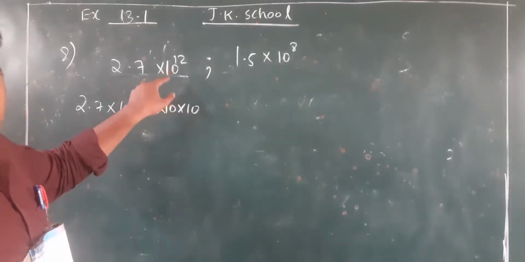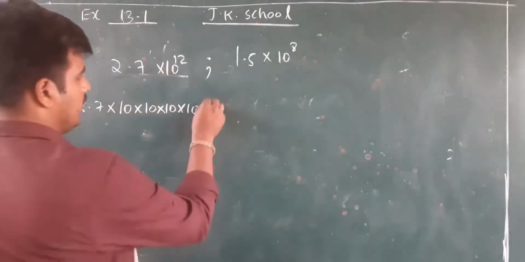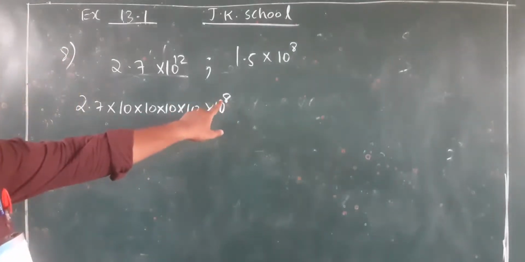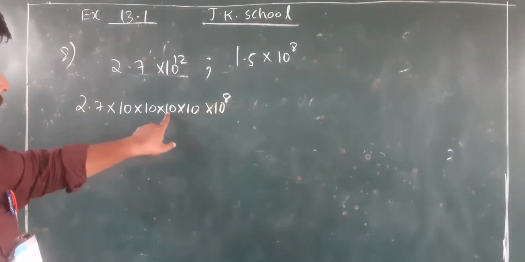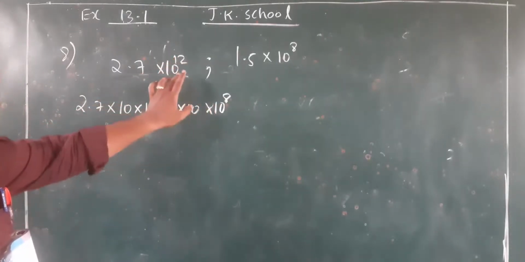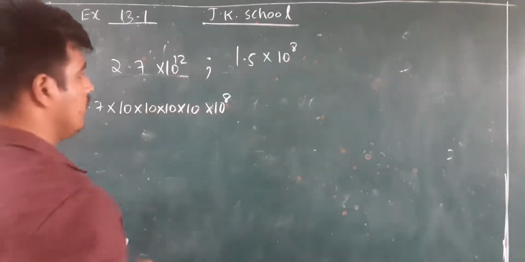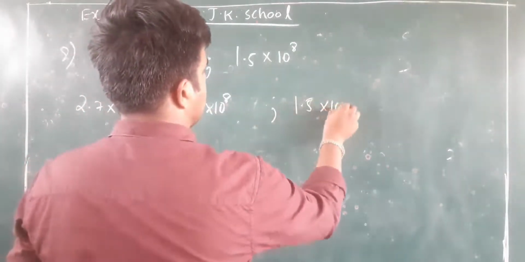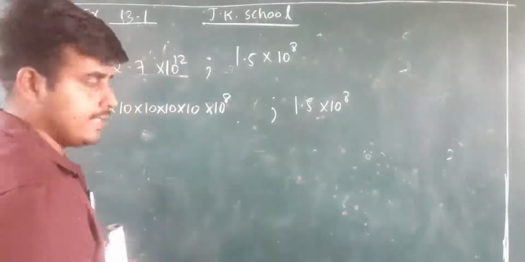If I take 4 10s outside, what remains? 8 10s remain. Right? 8, 9, 10, 11, 12. Out of total, I am taking 4 outside and 10 raised to 8 remains. And this one, 1.5 into 10 raised to 8, remains as it is.